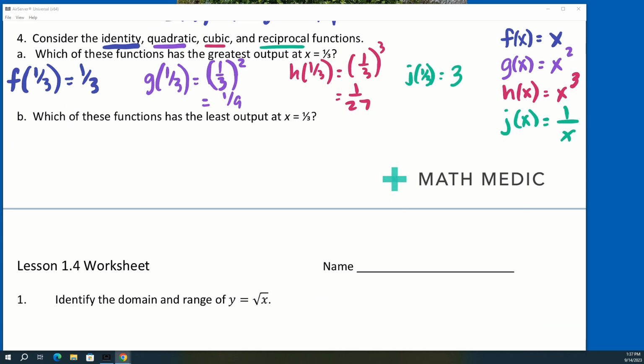The reciprocal function. Three is the greatest output. Which one of these functions gives the least output? Cubic. That 1/27th is the smallest out of all of those.